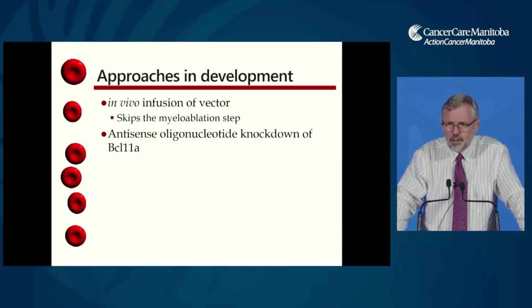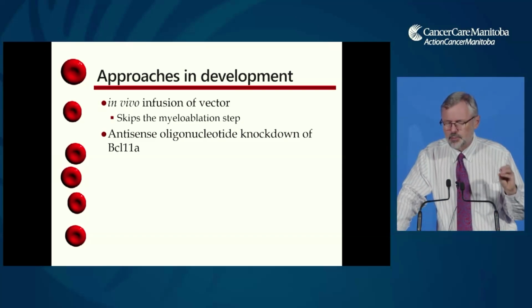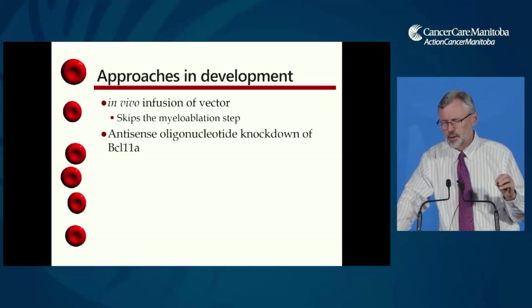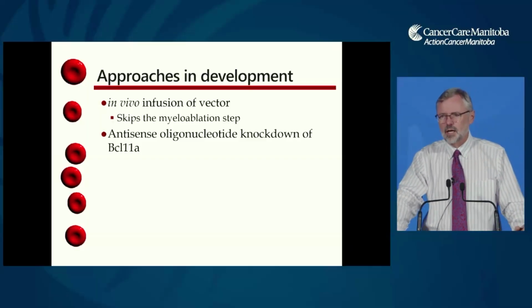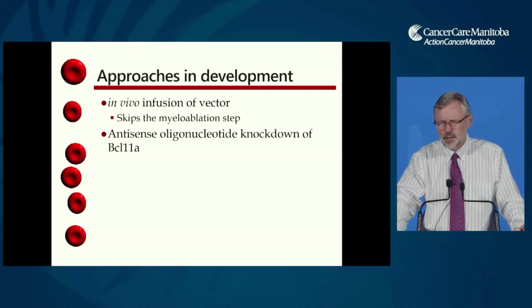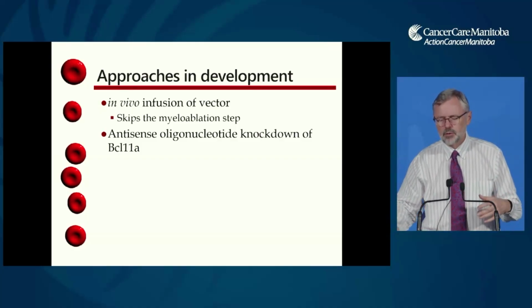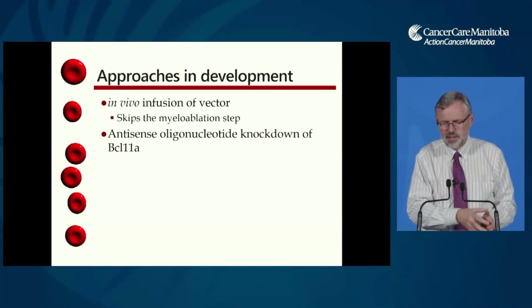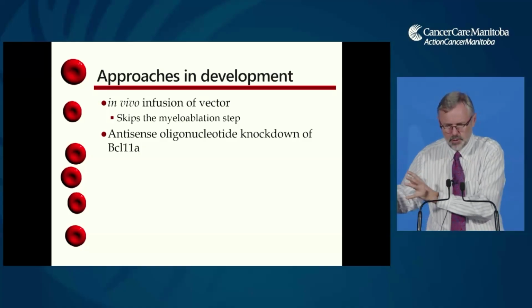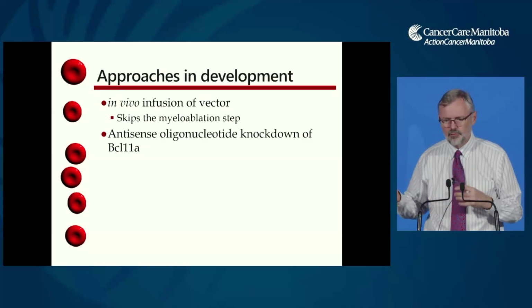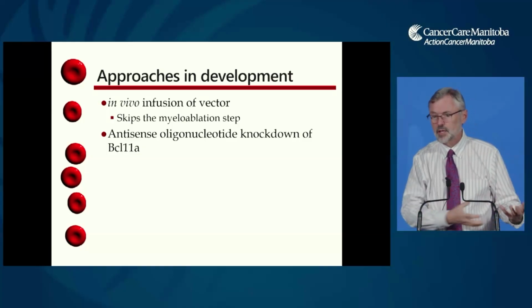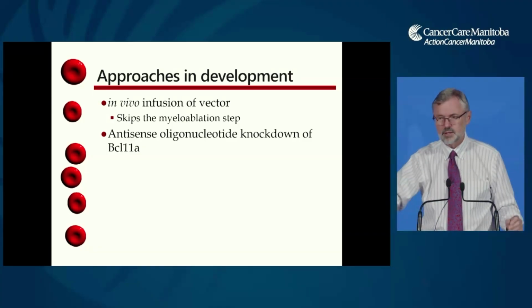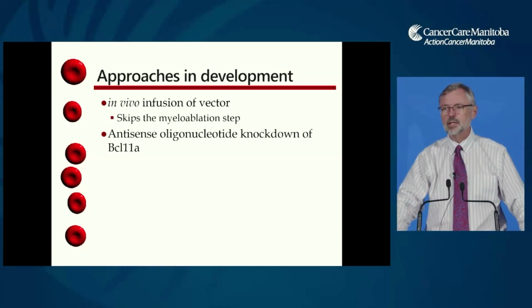But I think the future is bright. I think that the current gene therapy product is actually not the one that is going to make the big difference. There's some extremely exciting stuff coming where maybe, instead of taking the stem cells out and modifying them in the laboratory, as with other gene therapies for hemophilia, we just infuse the vector into the patient and it modifies the cells in the body.